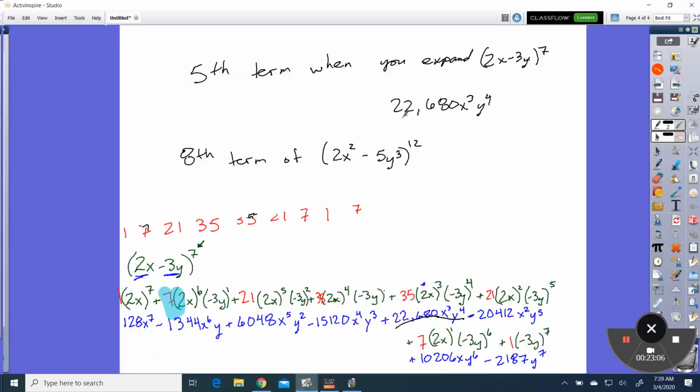So with that in mind, if I want to find this 7th term, now realize this is my first term, second term, third term, all the way out. Are you good with that? When we're doing this nCr thing, r is always 1 less than the term number.